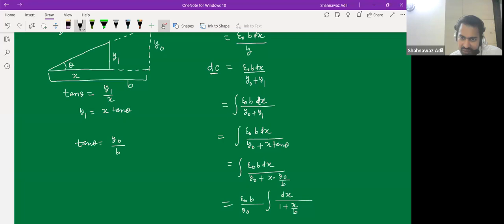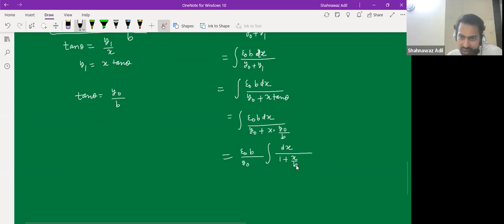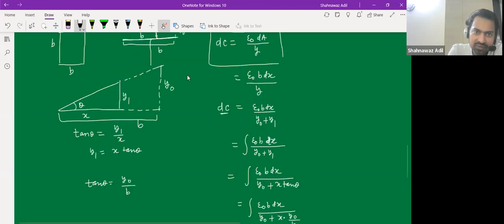So let's say I take b as the LCM. What would be the limit of this integration?